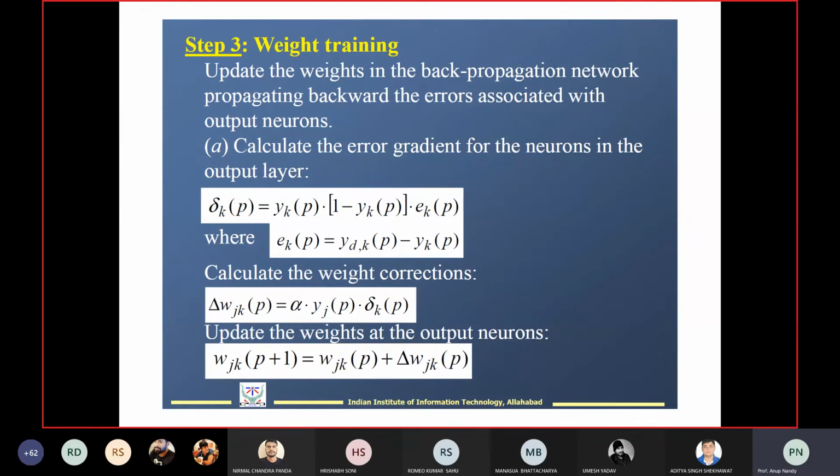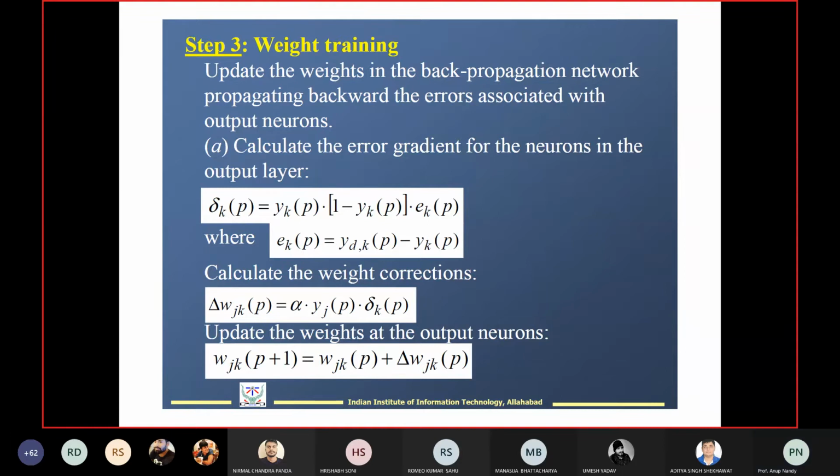This is the formula, where ekp is simply ydkp, the desired output, minus ykp, the actual output. So it is called ekp. It is a very simple formula: ykp into 1 minus ykp, the actual output, into ekp. Now you are going to apply the delta rule, so that is called delta kp.